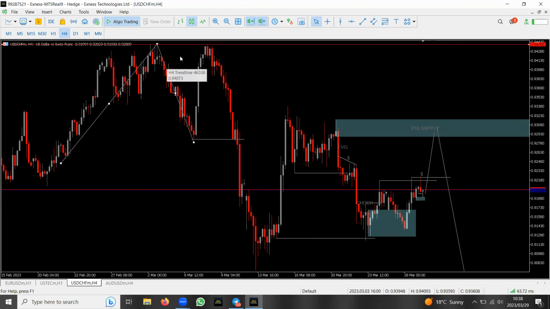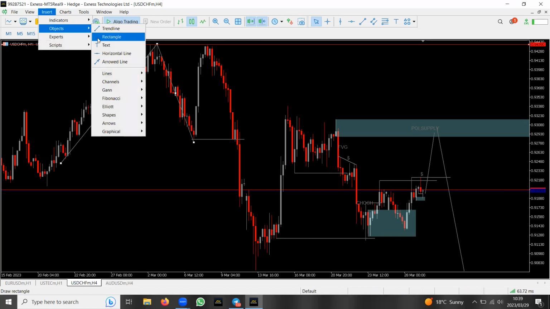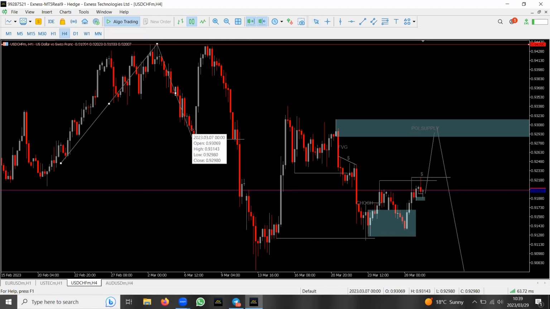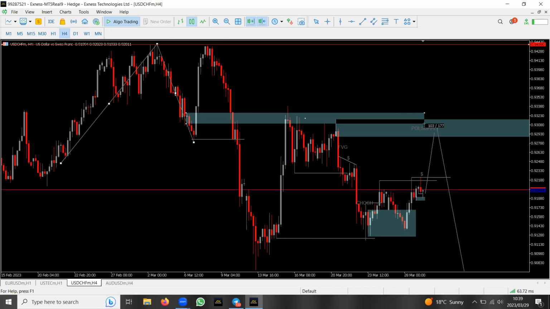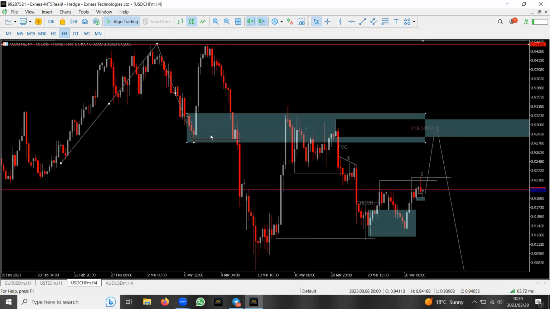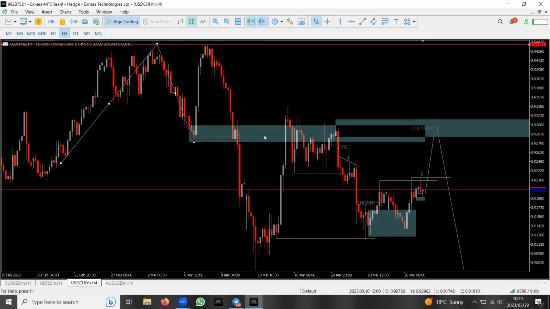Yeah, it's a mitigation block because no liquidity was taken out from the previous swing high. So I'm gonna mark the mitigation area, the mitigation candle, right? So that I can show you that this order block usually aligns within the flip zone. So this entire area is a mitigation block, though we actually have to mark this last bearish candle as a mitigation area.